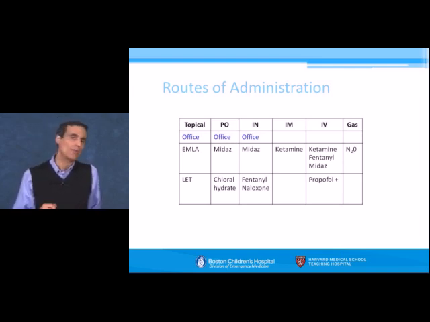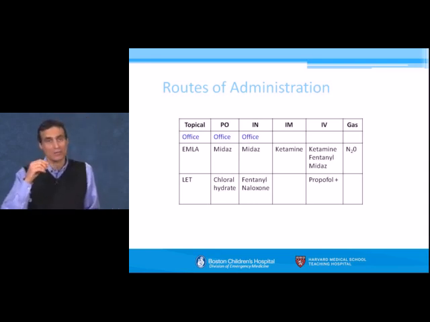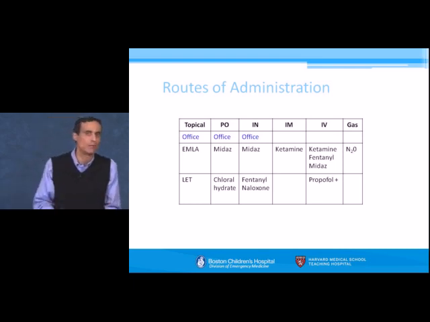Now, how do you know that the LET has taken effect? It's very straightforward. You'll get significant vasoconstriction around the wound. When you remove the cotton ball, you will see an area of vasoconstriction that surrounds the wound. If the wound is in one spot and the vasoconstriction is in another spot, obviously you need to reapply.